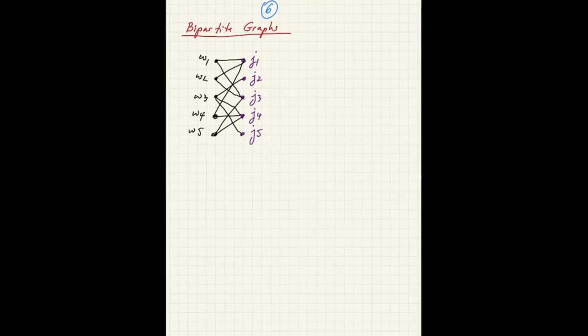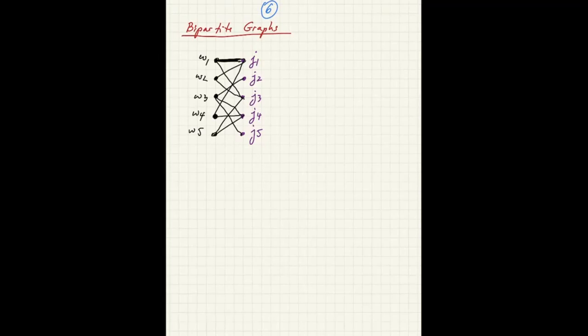And the question, which you can ask from both ends, is: is there an assignment of one job per worker such that no two jobs are the same, and each worker gets a job she is qualified to do? So you can give job 1 to worker 1.